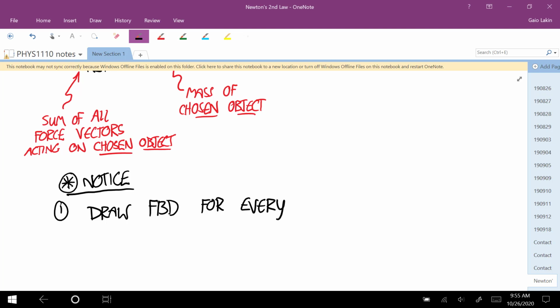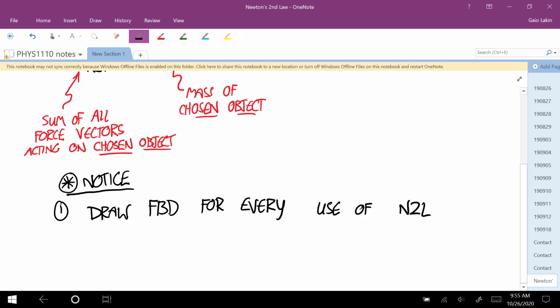And so what I'm trying to develop here are good habits. You might have habits that have worked for you for simple problems in the past. I'm trying to help you get habits that'll work if you go on with this stuff. So draw a free body diagram for every use of Newton's second law. I'm going to abbreviate that N2L, Newton's second law.